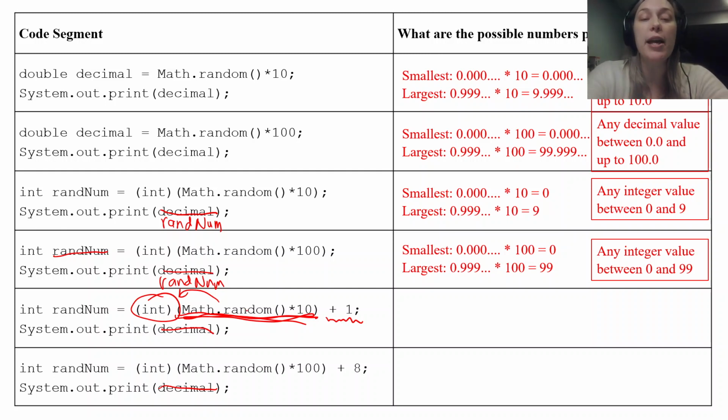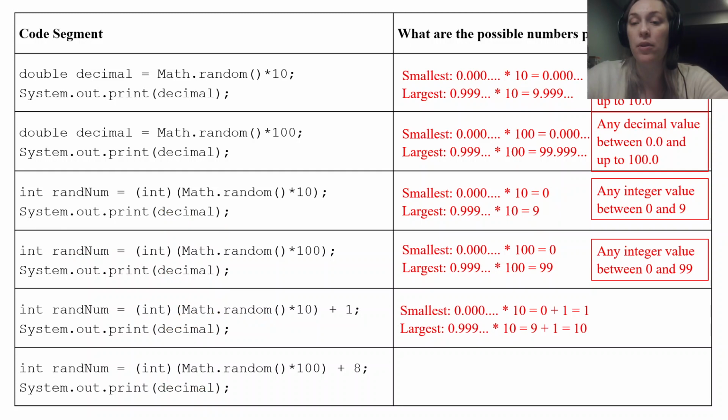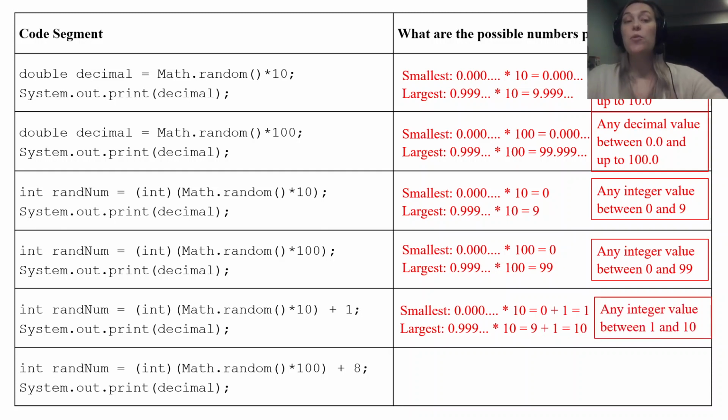So remember the int math.random times 10, this is where we're at. So what will adding +1 do to the smallest and largest value? Okay, it'll take 0 + 1 and 9 + 1, and now that becomes my smallest and largest value. So this segment of code is going to print off any integer value between 1 and 10. Okay.